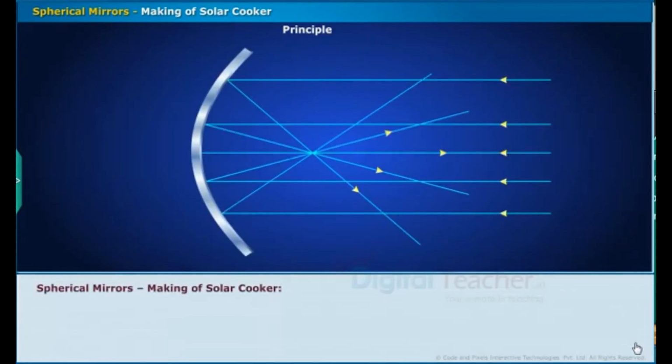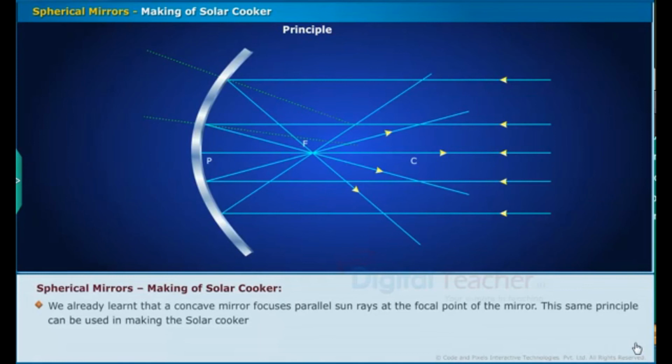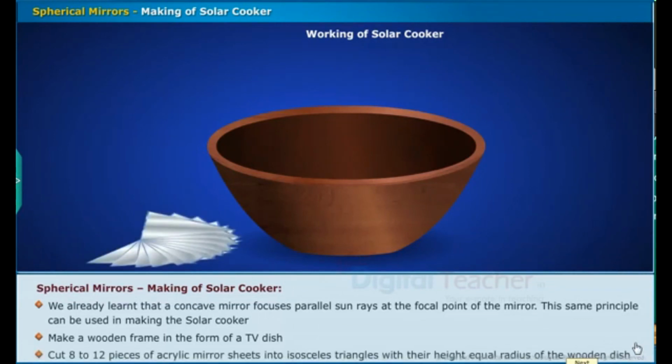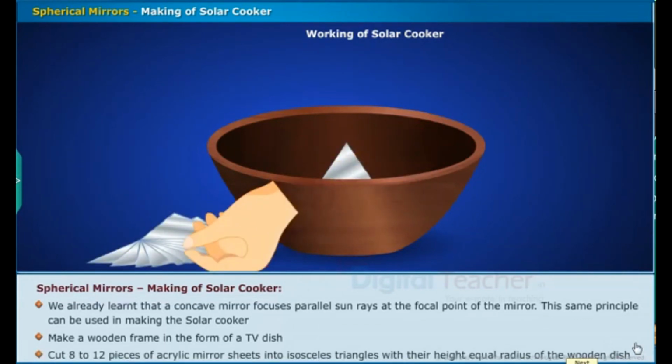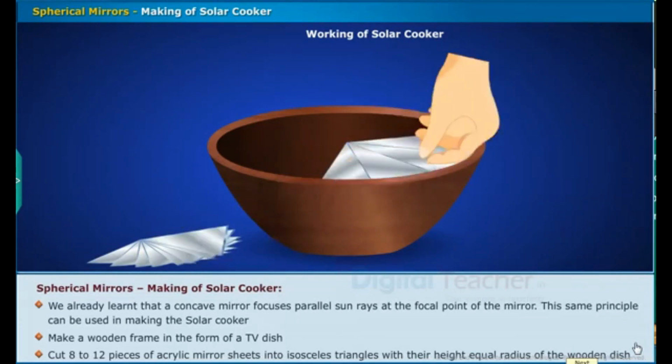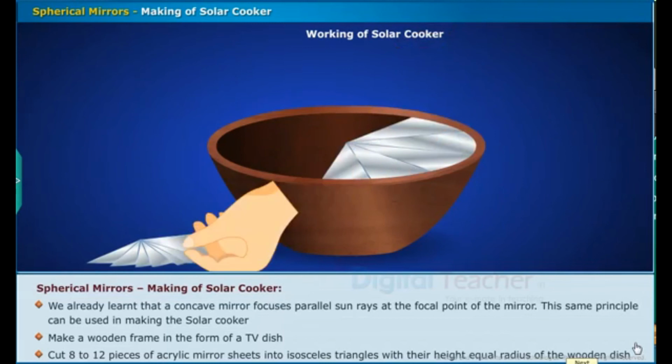Application: making of a solar cooker. We already learned that a concave mirror focuses parallel sun rays at the focal point of the mirror. This same principle can be used in making the solar cooker. Make a wooden frame in the form of a TV dish. Cut 8 to 12 pieces of acrylic mirror sheets into isosceles triangles with their height equal to the radius of the wooden dish.